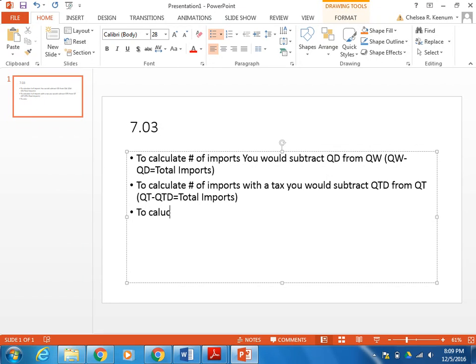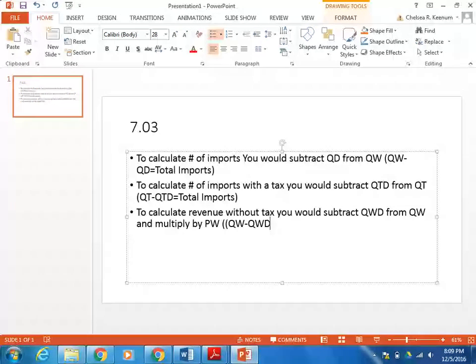Okay, to calculate revenue without tax, you would subtract QWD from QW and then multiply it by PW. So that is QW minus QWD times PW.